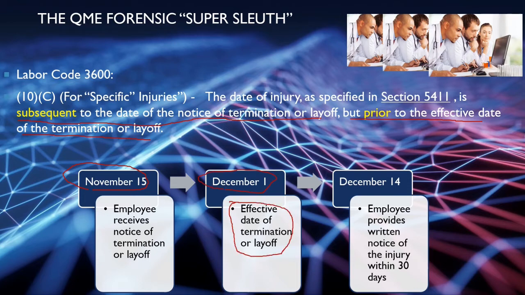So they have a 2-week period of time that they're going to be continuing to work for the employer before being laid off. Is it possible that while working in this 2-week period, the employee could suffer an industrial injury? Of course it's possible. In fact, it's probable. Many employees continuing to work could indeed suffer an injury in this 2-week period of time.